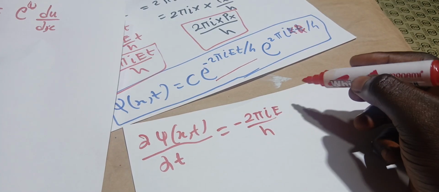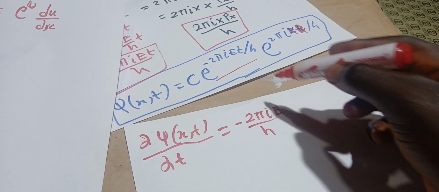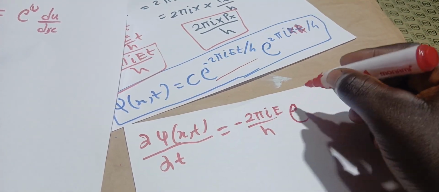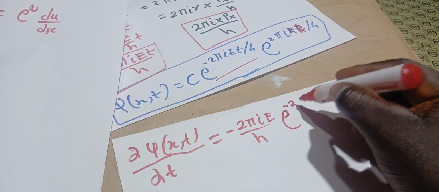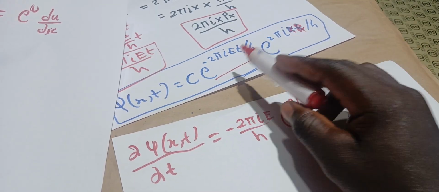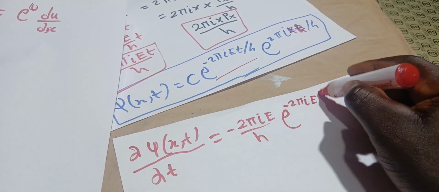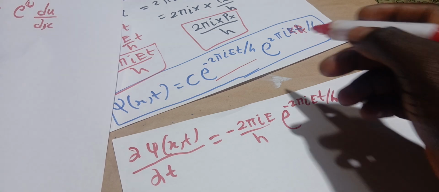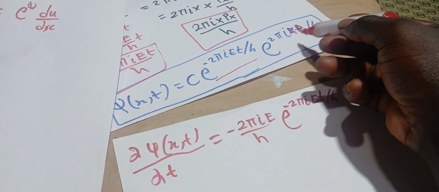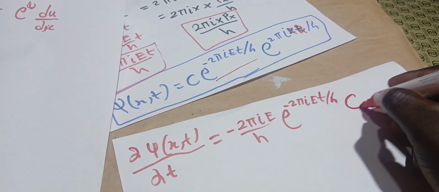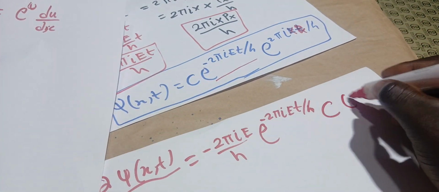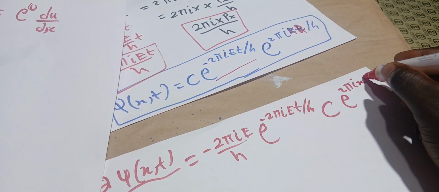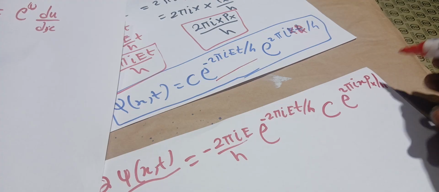Now we are done with the derivative of the exponent, and then we multiply the whole term by the exponential, which is e to the power minus 2 pi i E t over h, right? Then the rest of the terms, we don't have any t there to differentiate, so we are left with c here, and then e to the power 2 pi i x p_x all over h.